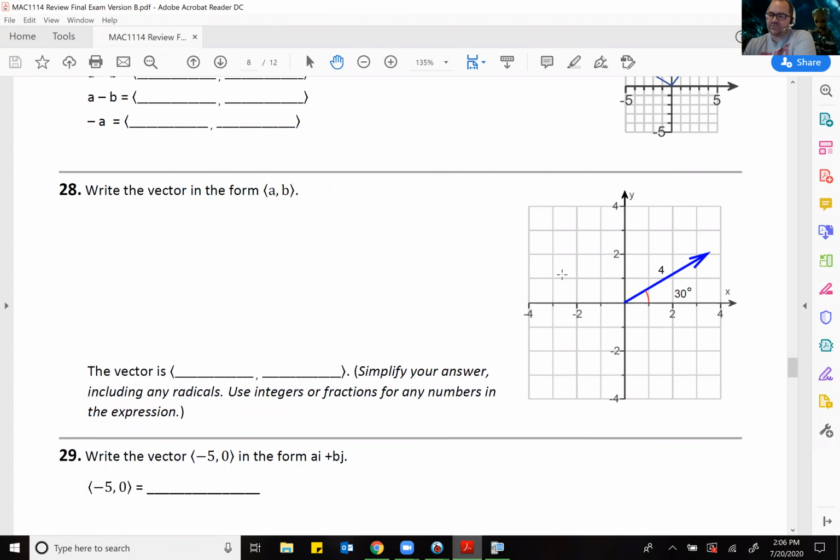So the magnitude of our vector is this number that's right here, 4. The angle of our vector, or in other words, theta, is the 30. Okay? So theta is 30 degrees.